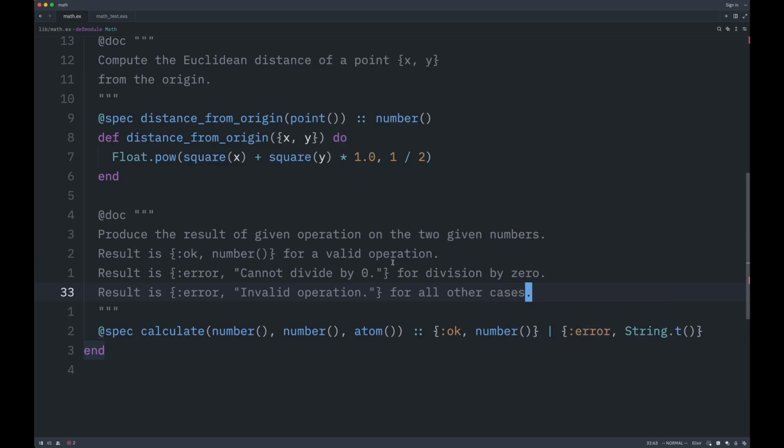So this becomes our purpose statement with some expectation of what the result is going to be in different cases.